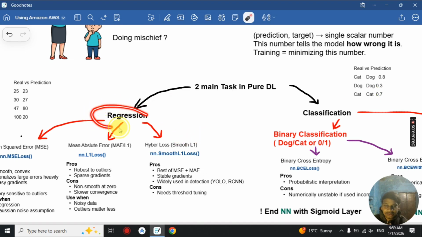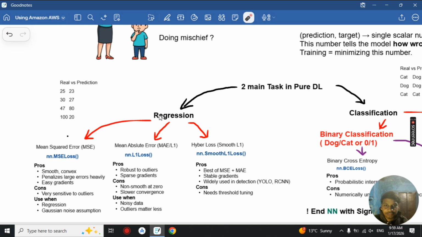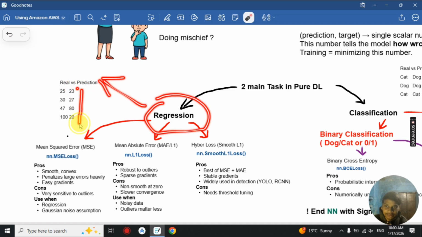First is regression, where we are predicting a continuous value. Here we have three loss functions: first is mean square error, then mean absolute error, then Huber loss.